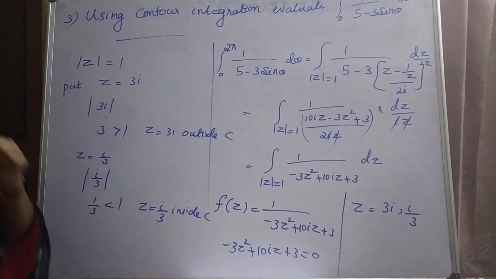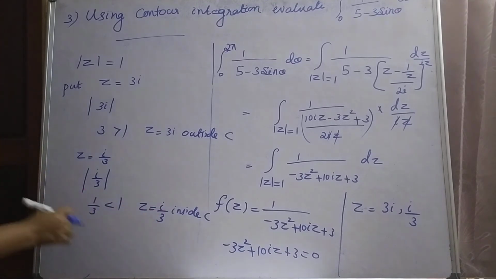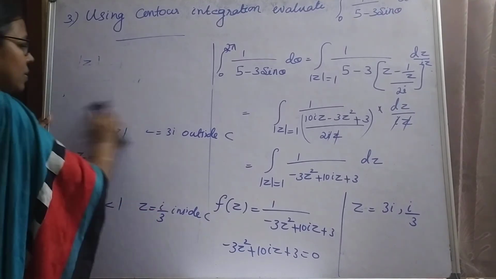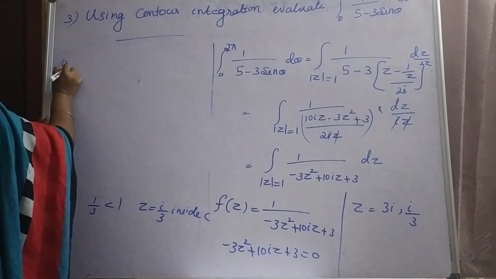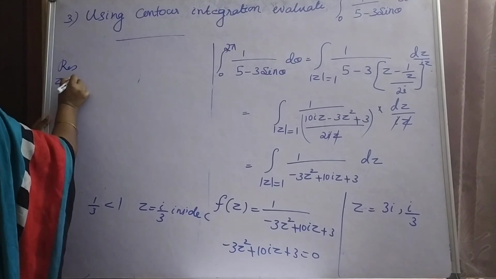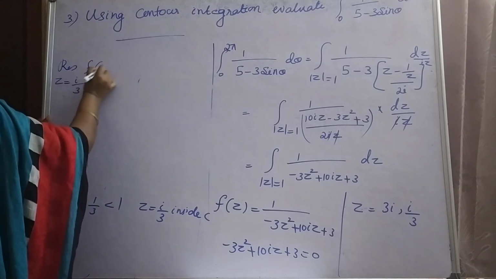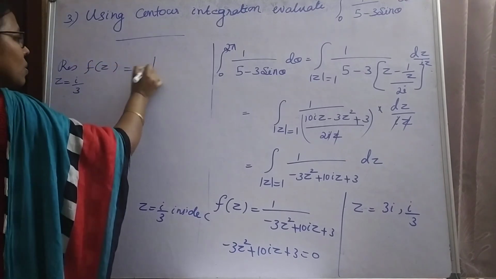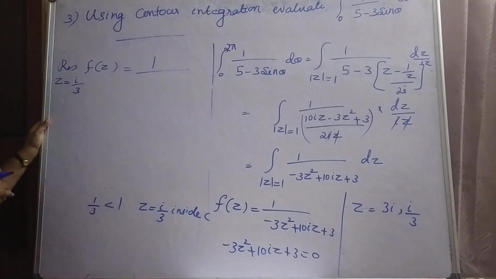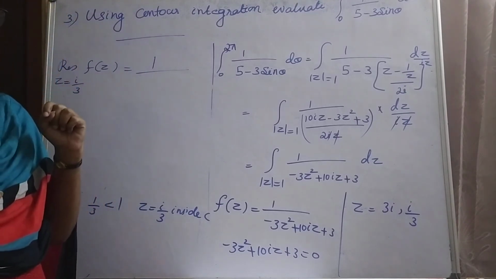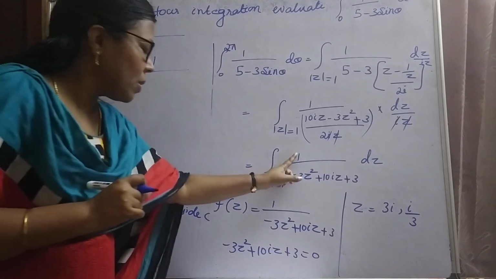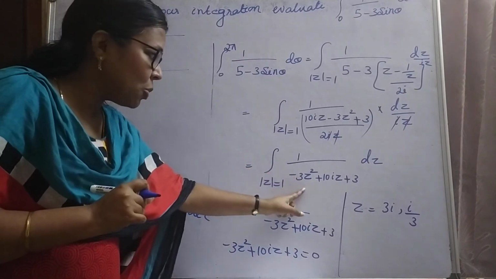Now we have to find the residue at z equal to i by 3. Residue at z equal to i by 3, f of z equal to 1 by, using the second formula for finding residue, numerator by derivative of denominator.